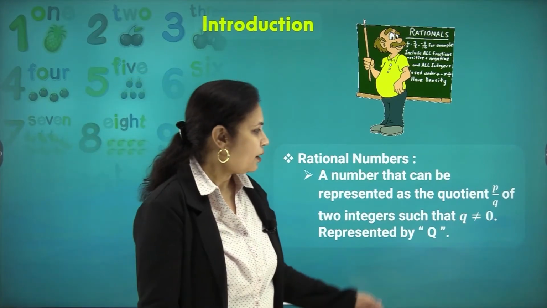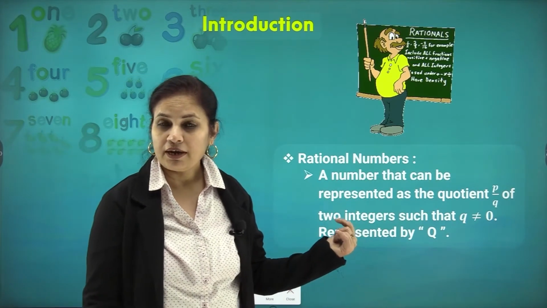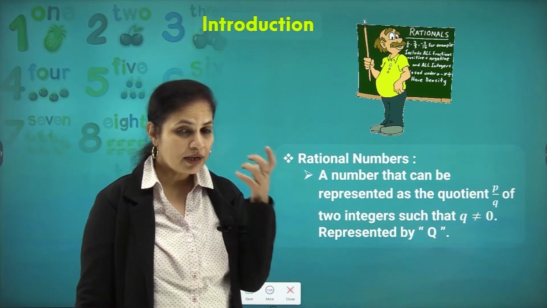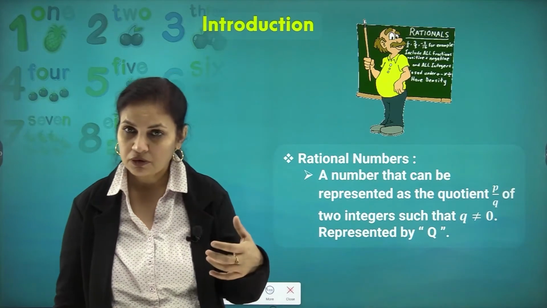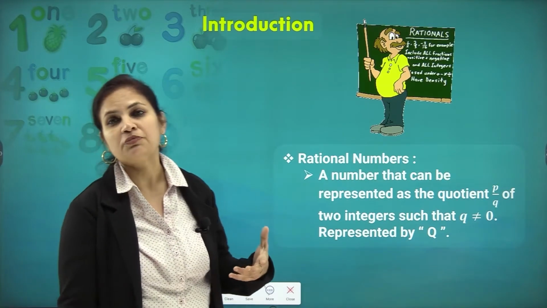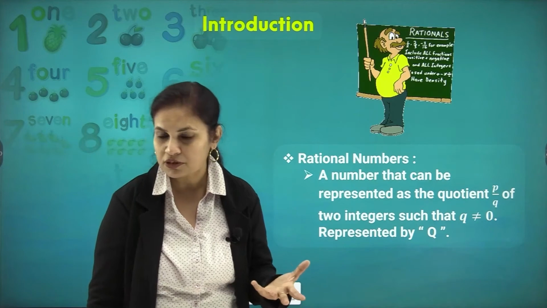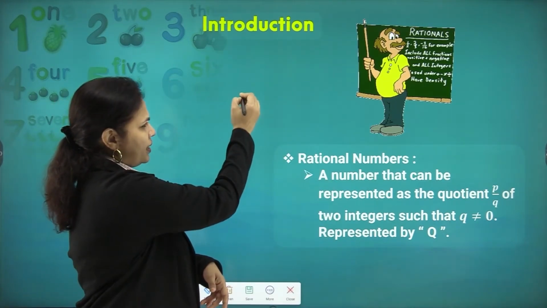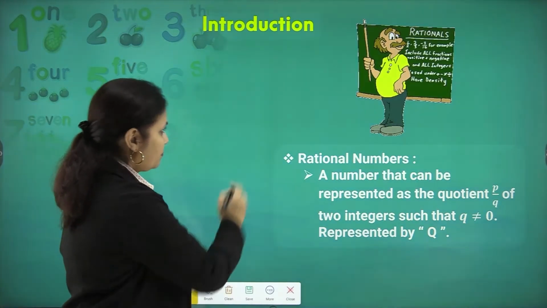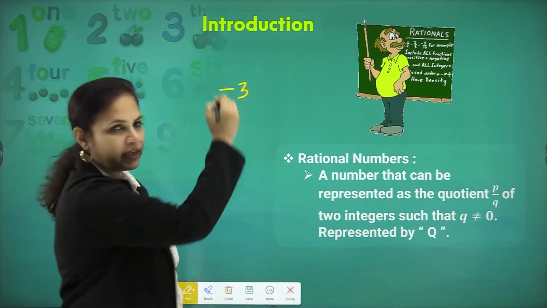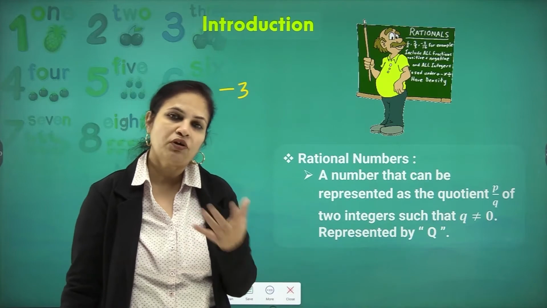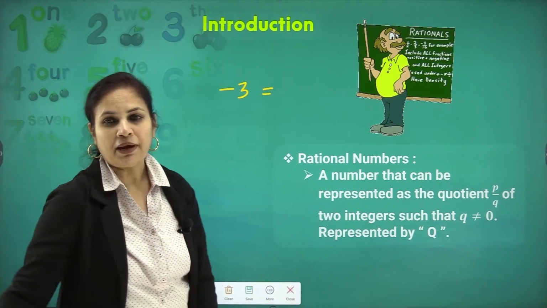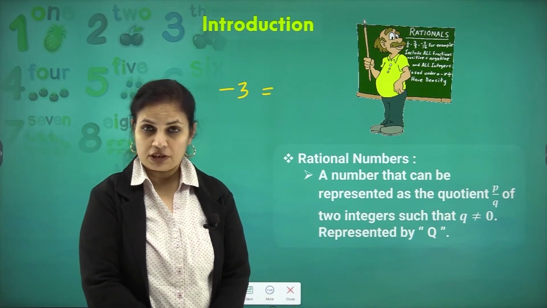So what is a rational number and how do I categorize it now? As I have seen, a whole number can be represented in the form of numerator upon denominator. A natural number can also be represented in the form of numerator upon denominator. What about an integer? Let us consider the integer minus 3, a negative integer, because positive integers we have already covered as natural numbers. How can I write minus 3 in the form of numerator upon denominator?